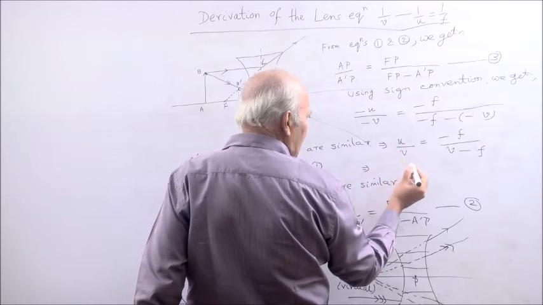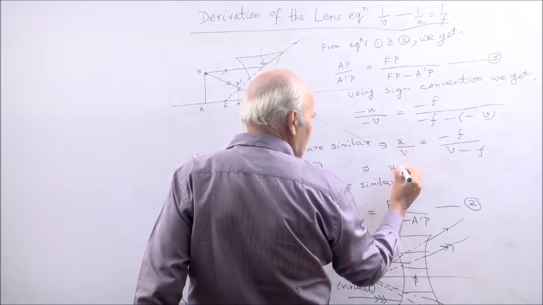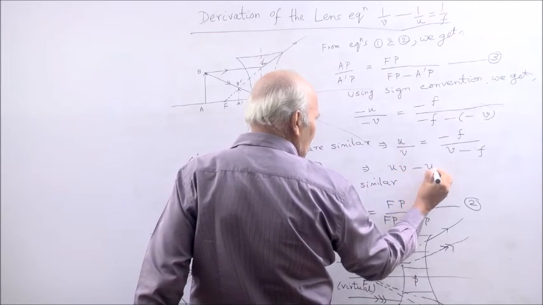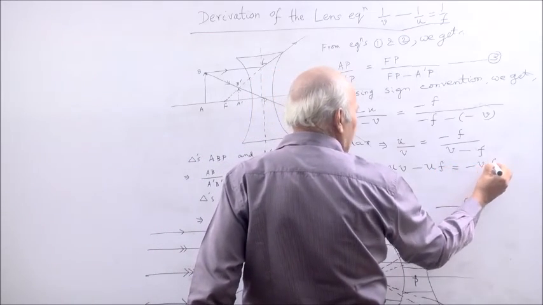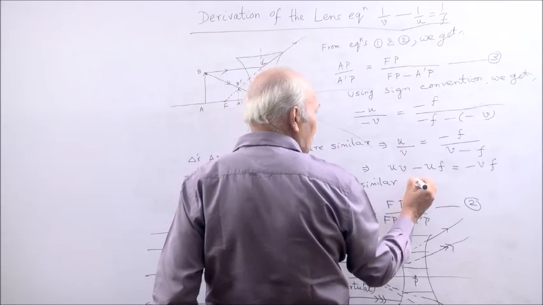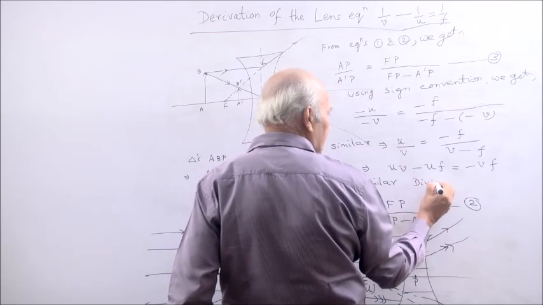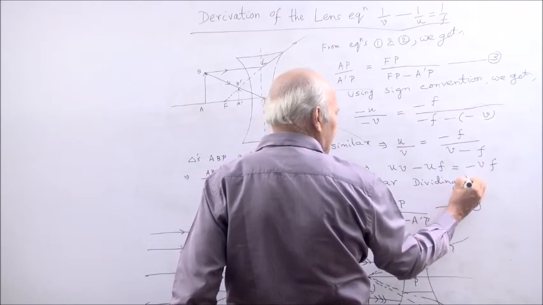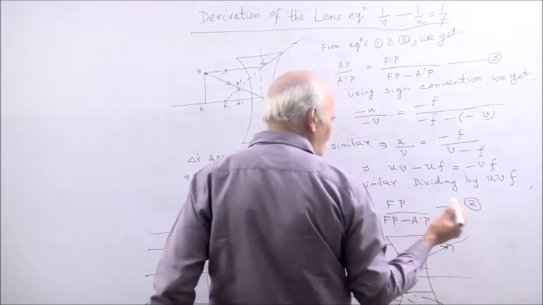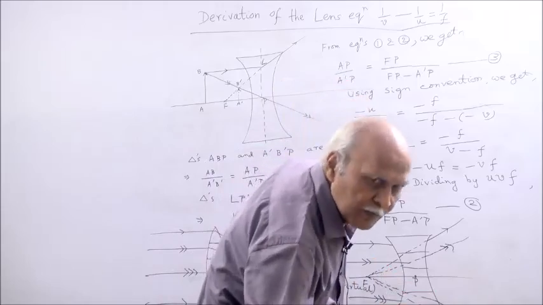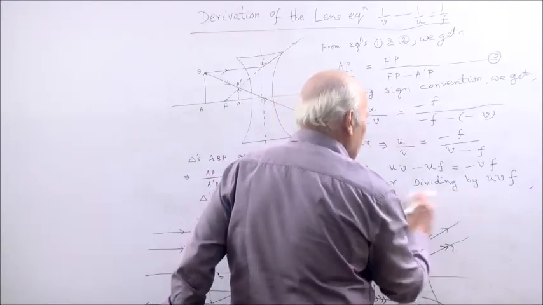So, if you multiply, what you get? UV minus UF is equal to minus VF. Then as usual, dividing by UVF throughout, actually to all the parts, what you get?